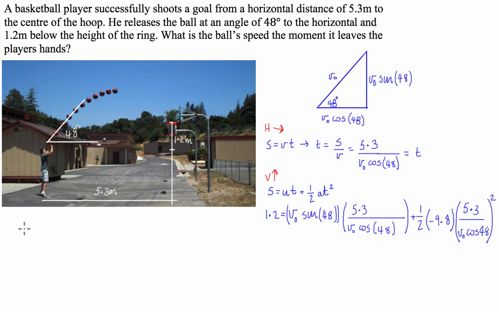So if we multiply these two together, we're going to have 5.3 multiplied by V0 sine 48 divided by V0 cosine 48.